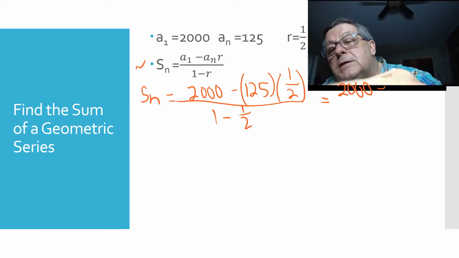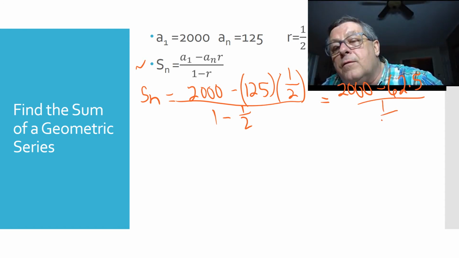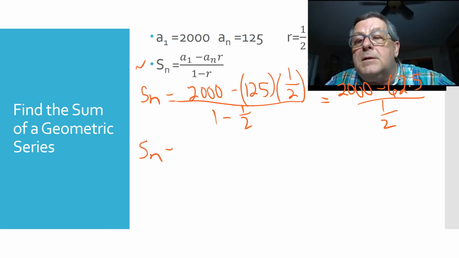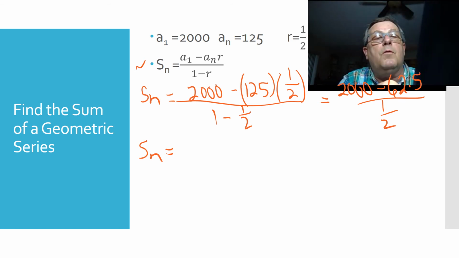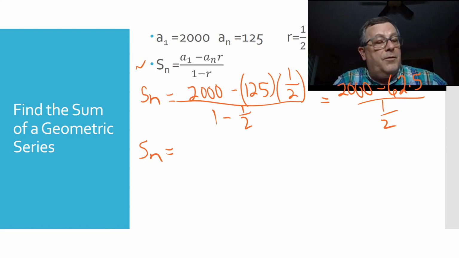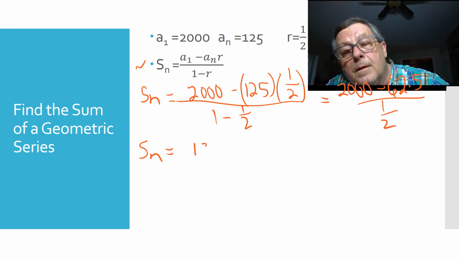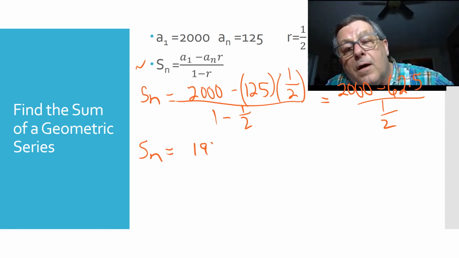So 2,000 less 62.5, over 1/2. Sn is equal to, what's 2,000 less 62.5? That's 1,937.5, over 1/2.